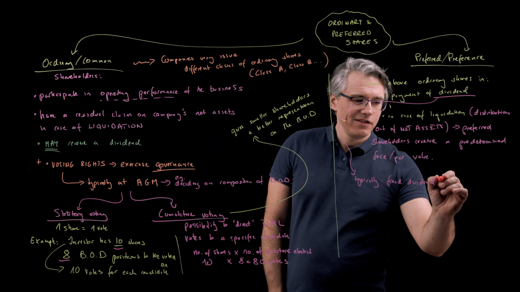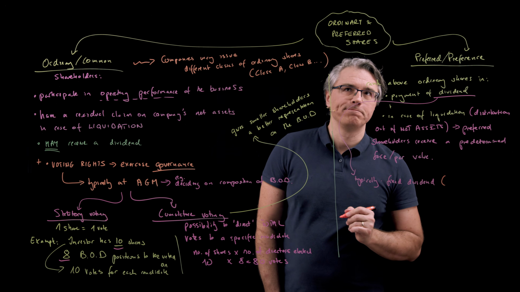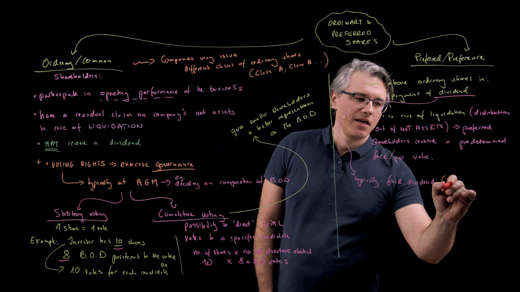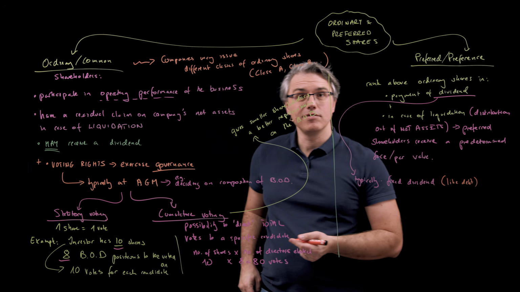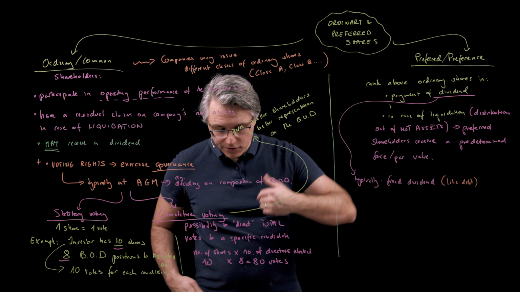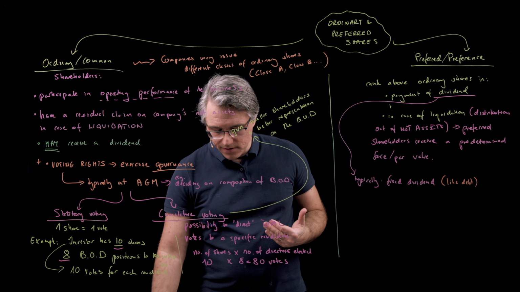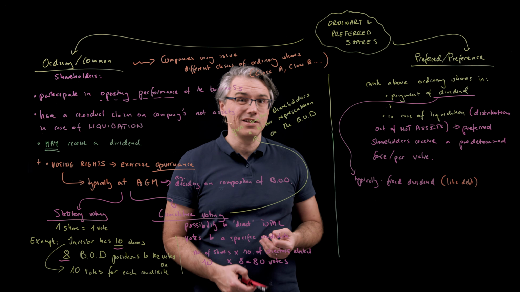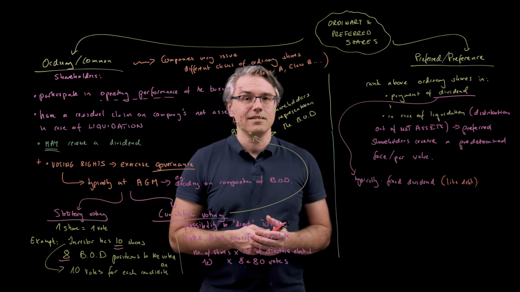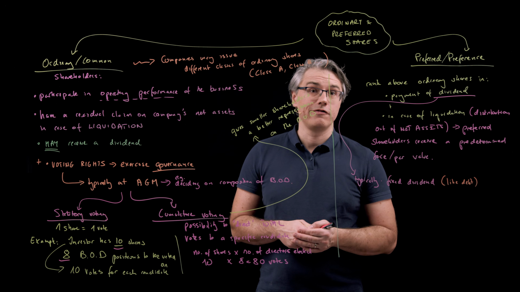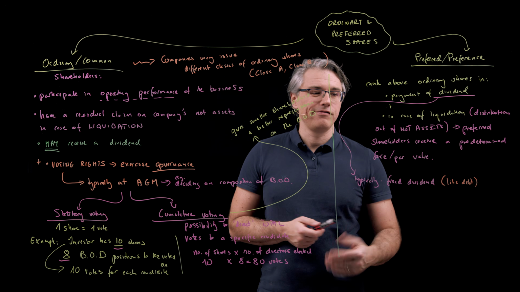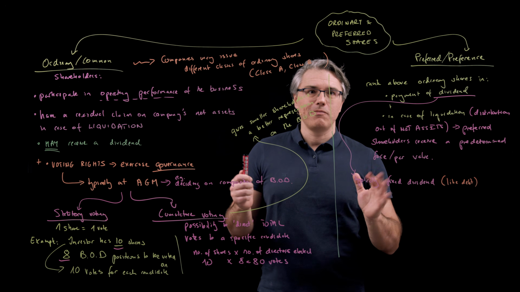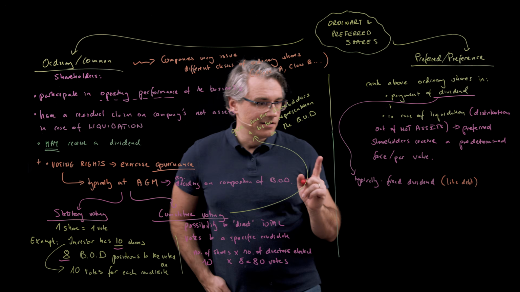So that fixed dividend makes preferred shares a bit like debt, doesn't it? Because with debt, you typically receive a fixed coupon. And because of this fixed nature of the dividend, it's typically stated as a percentage of par value, like 6% annually of face or par value. That makes it very much like debt instruments.